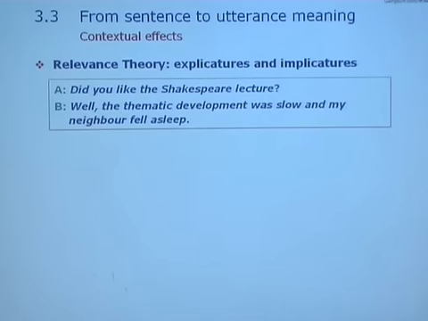The thematic development was slow and my neighbor fell asleep. Neighbor. My neighbor in the bench. Not my next door neighbor. So we have disambiguation. Fell asleep. Well, did he actually fall asleep and start to snore?